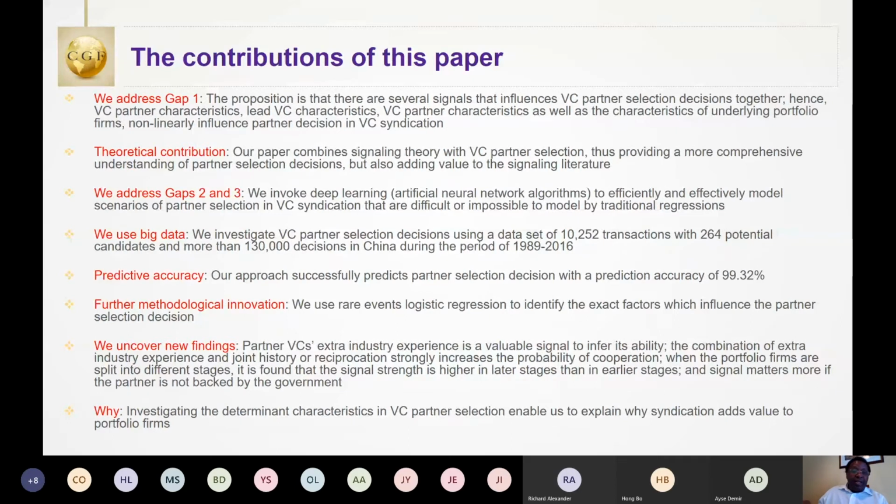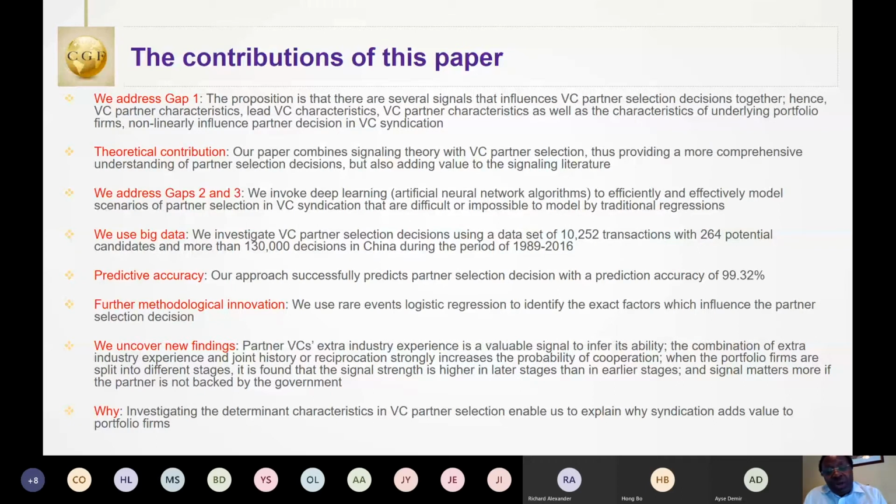So just in summary, the contributions revolve around this. First, we address gap number one by looking at the collection of several signals which influence venture capital partner selection together: VC partner characteristics, lead VC characteristics, and the characteristics of the firm, and to do so by allowing for nonlinear influences.